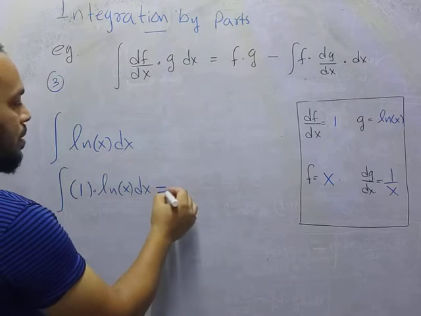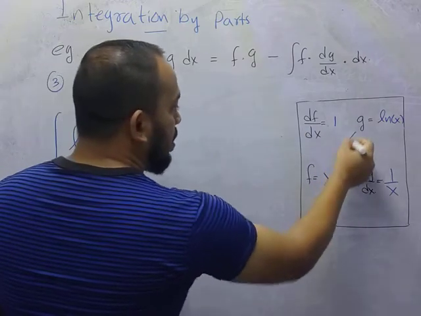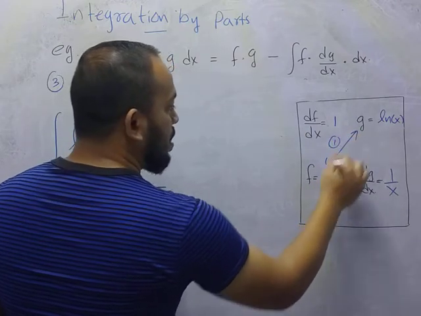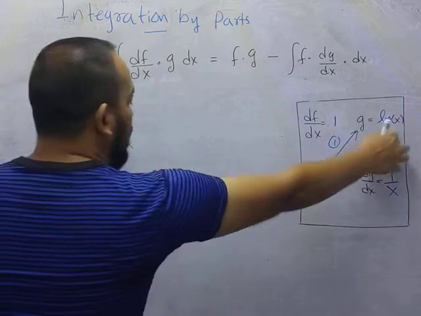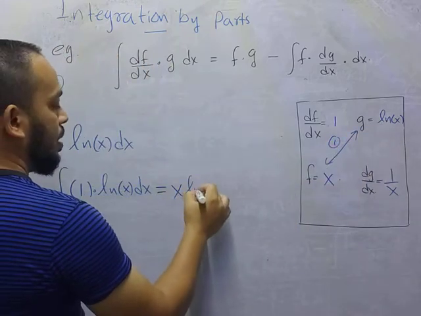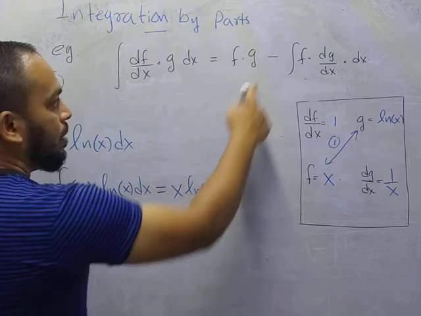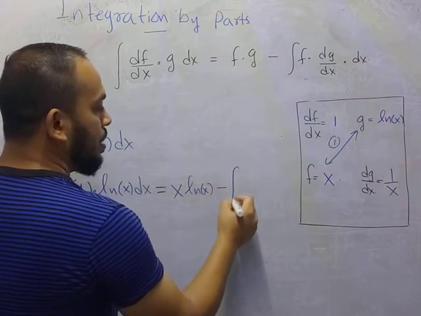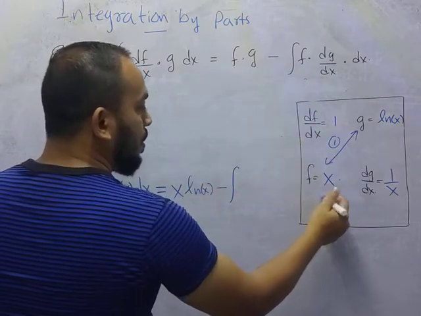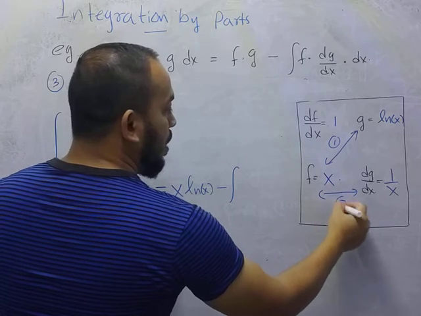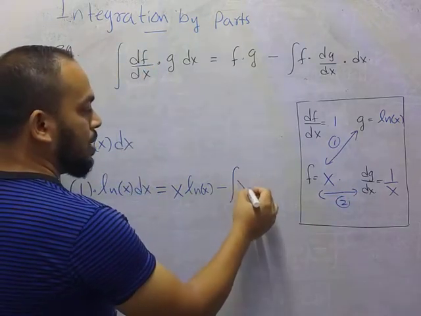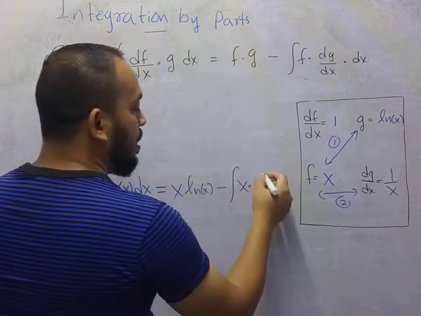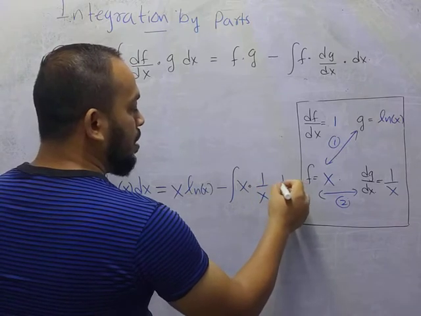Now write f into g, this one first, f into g, x into ln x, x ln x. Then you put minus integral f into dg by dx, right? So x into dg by dx is 1 over x dx.